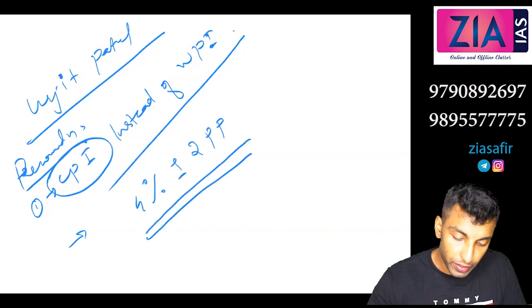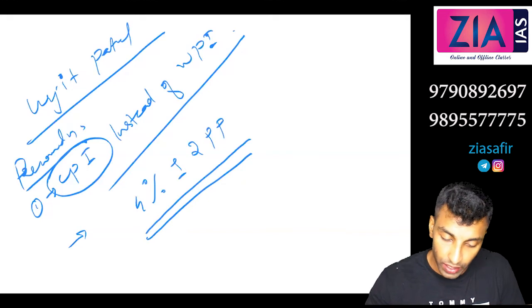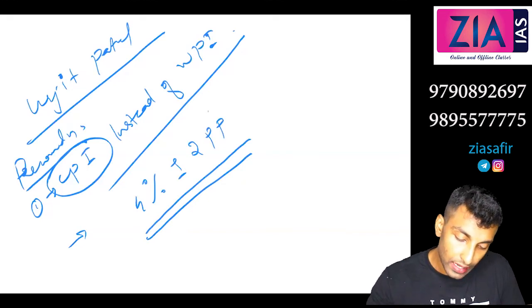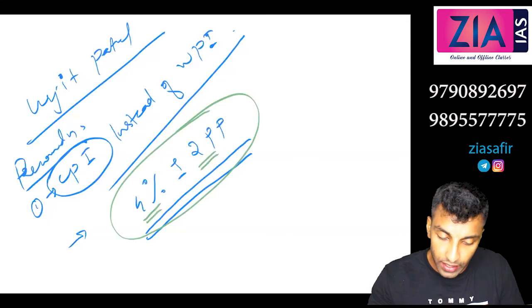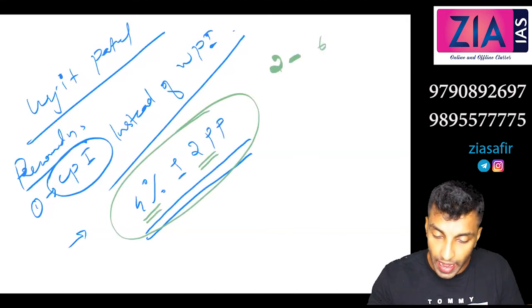I've told you the difference between percentage point and percentage. See, when I'm talking about percentage point, what would be the band now? This is 4%. So when I'm saying plus or minus 2 percentage point, it is 2 to 6, this band.